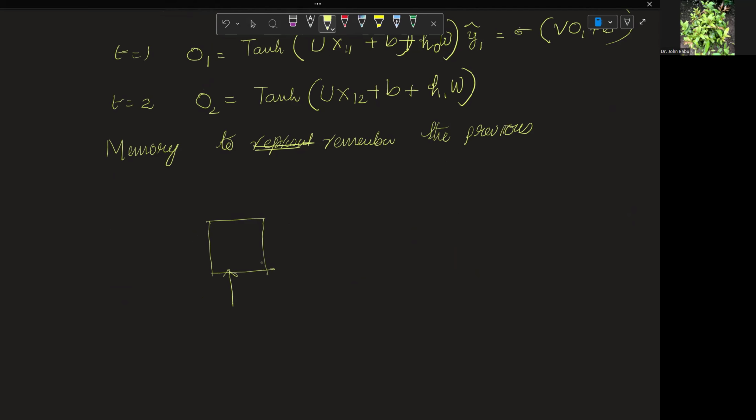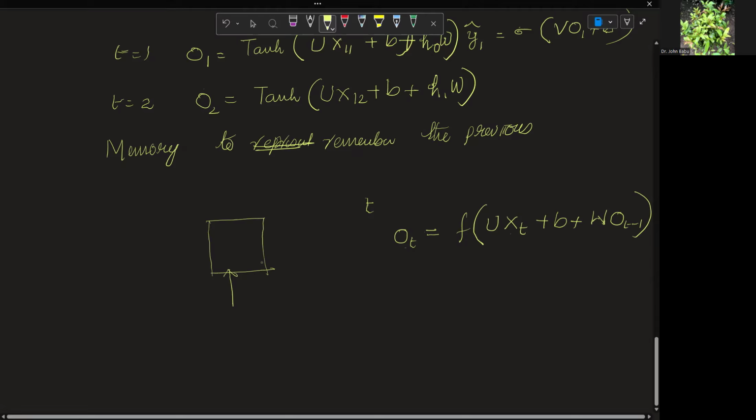You understand that at a particular time t, the hidden unit or the output unit OT is calculated as the activation function of the input weights U and the present X plus the bias plus the feedback weights W into OT minus 1.